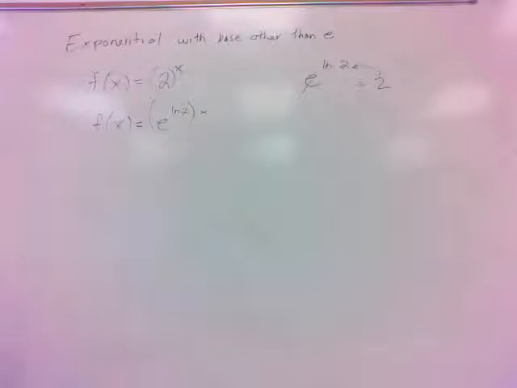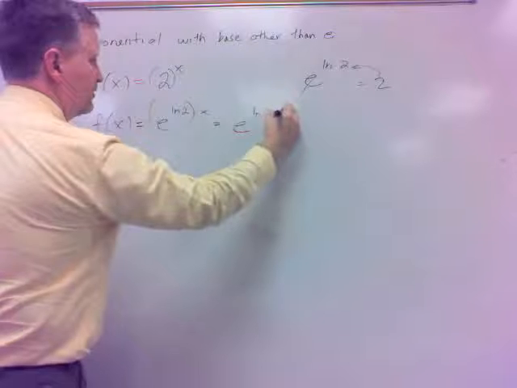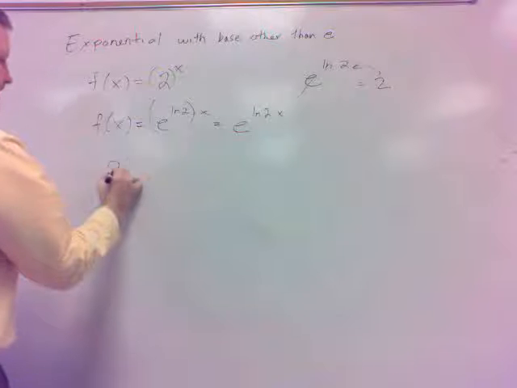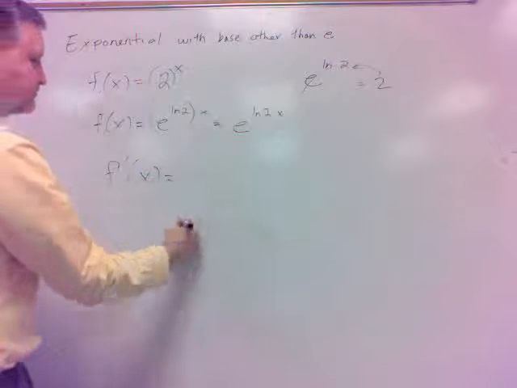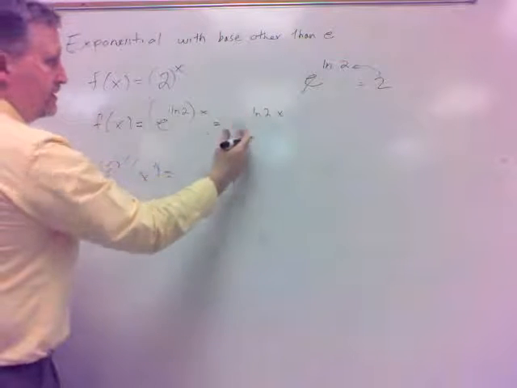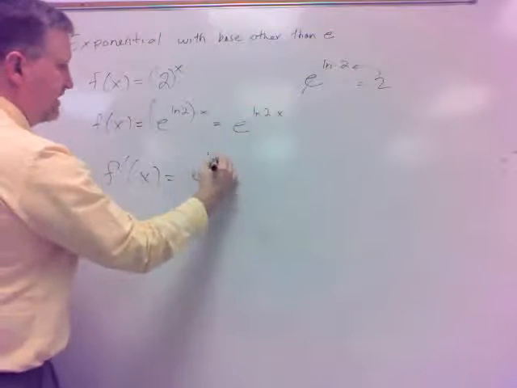Well, here's why I would do that, because that is now something I can do the derivative of, right? Because we talked about the derivative of e to a power. The derivative of e to a power is, well, it's just a little chain rule, isn't it? The outside is the e to the power. Well, e to the power stays e to the power.